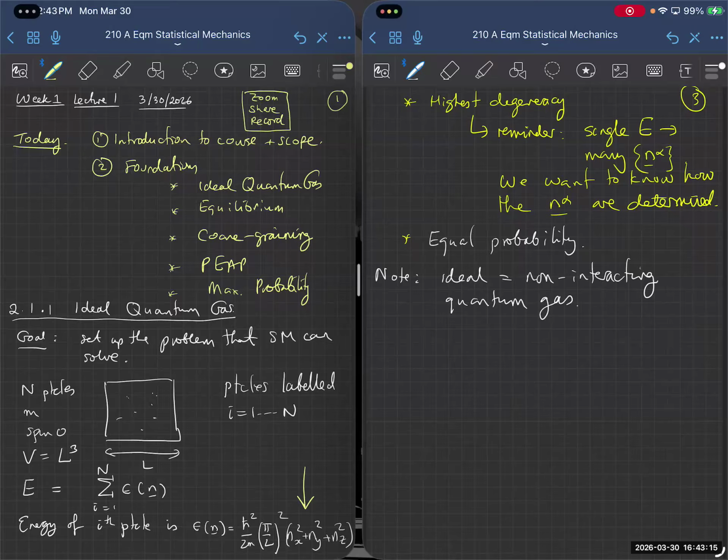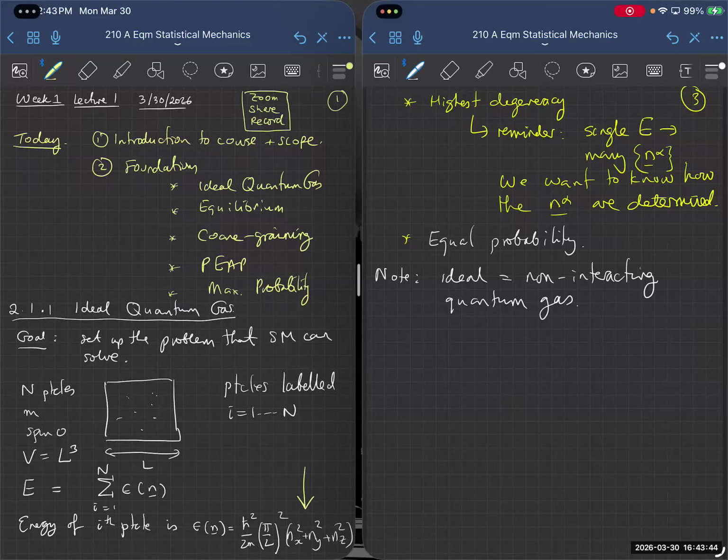So the particles don't interact. So what does that mean in terms of where the quantum numbers come from? Suppose the particles were interacting. What would that mean about the quantum numbers?